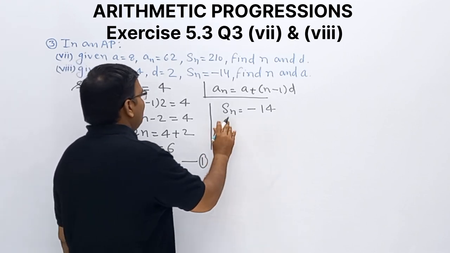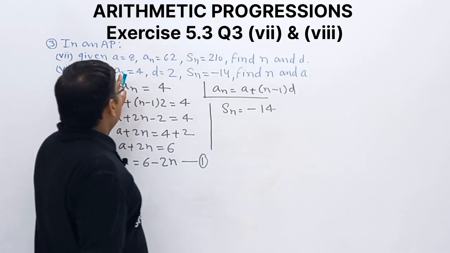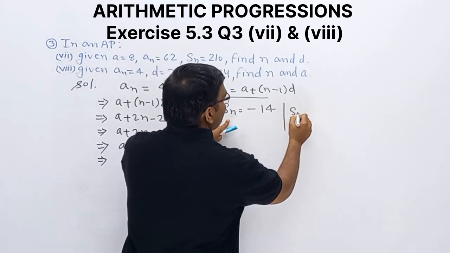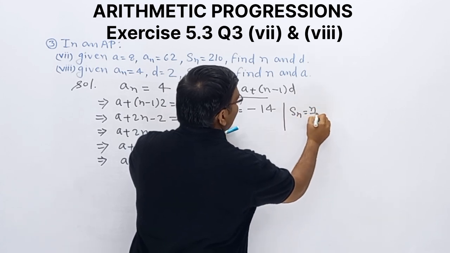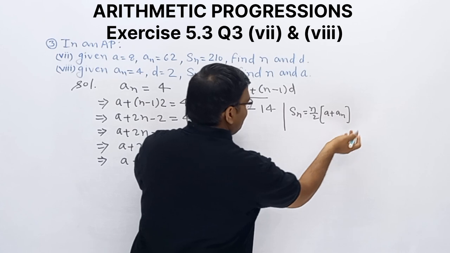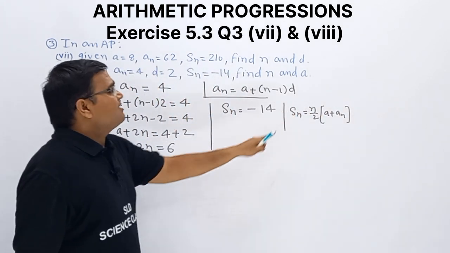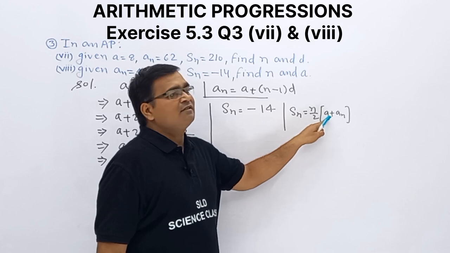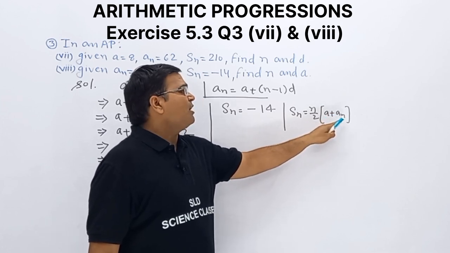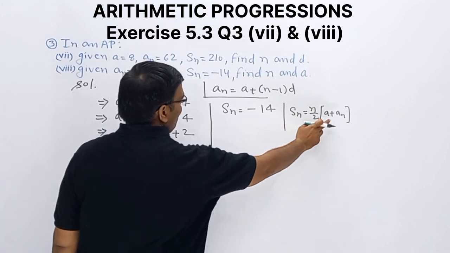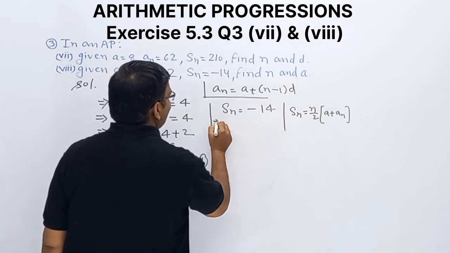We are having the sum formula Sn equal to n by 2 into a plus an. Yes or no? We studied before. Sn, the sum of the nth term, will be n by 2 into a plus an, the nth term of the AP. Clear?